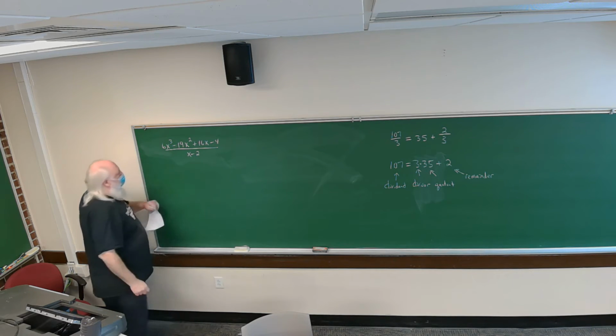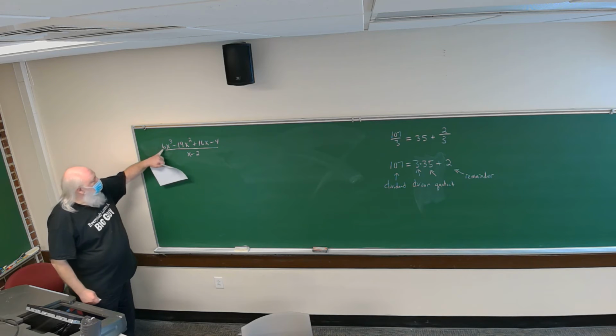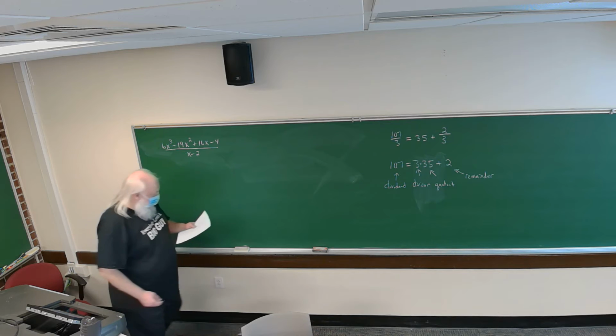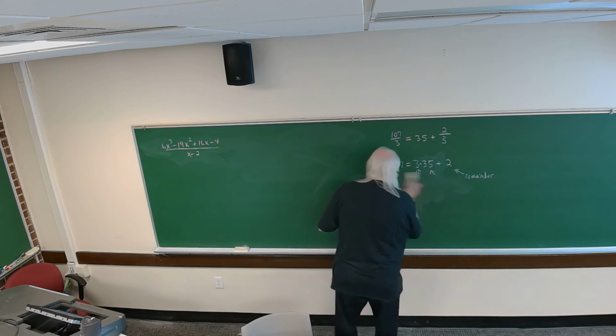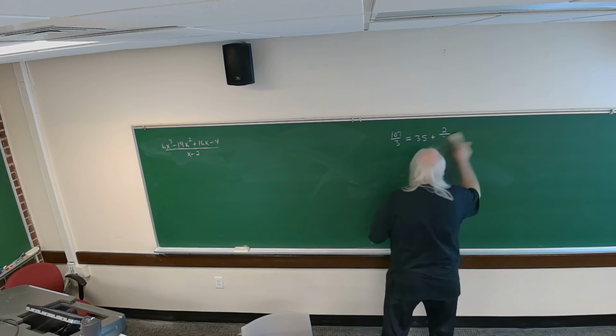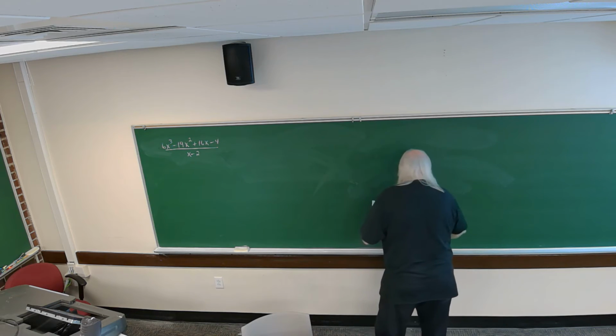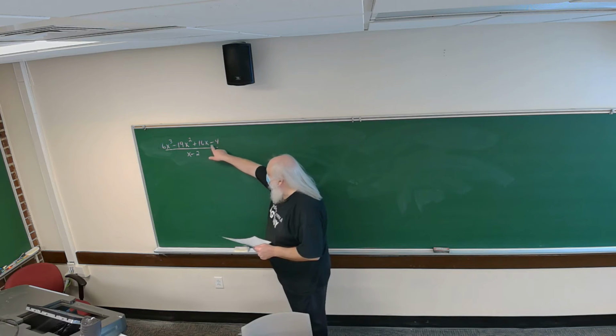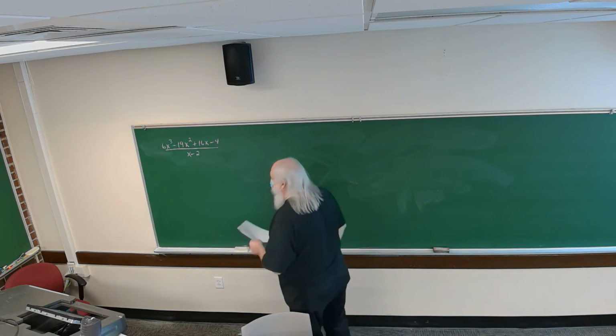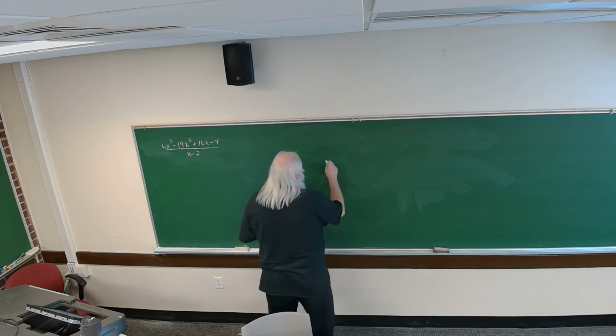The numerator is the dividend, x minus 2 is the divisor. So we set it up to divide the numerator by the denominator, just like we would with real numbers.